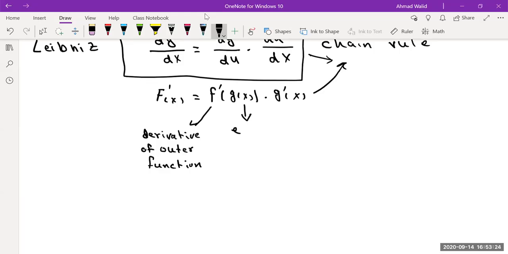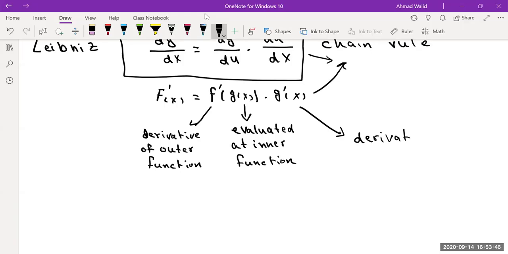Evaluated at the inner function. Here, g prime of x, the derivative of the inner function.